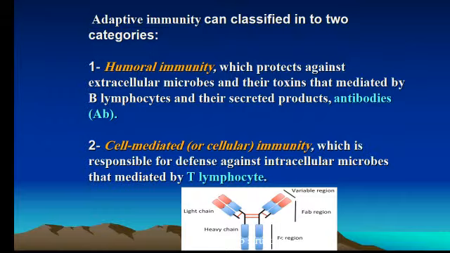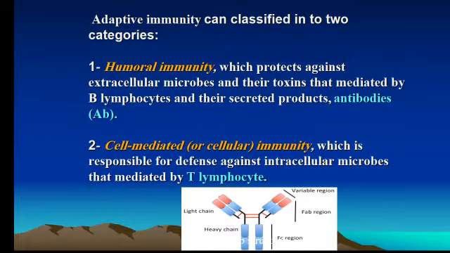Last time we repeat this, adaptive immunity can be classified into two categories, humoral immunity and cell-mediated immunity. Humoral immunity protects against extracellular microbes and their toxins, mediated by B lymphocytes and their secretory products, antibodies, AB. The cell-mediated immunity is responsible for defense against intracellular microbes, mediated by T lymphocytes, not the antibody ABs.